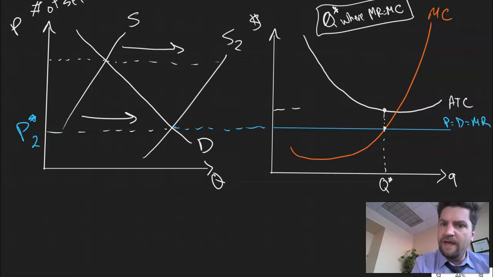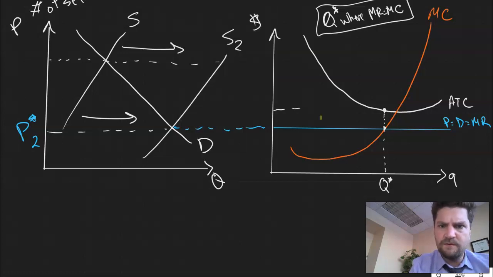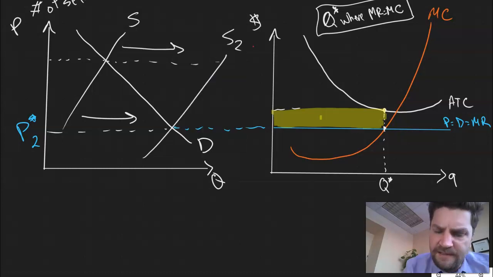And this whole area here, maybe we'll use a different color shade for this. This whole area here, I guess I should have used red or something, but whatever, it's going to be a negative economic profit, right? Or otherwise known as an economic loss.